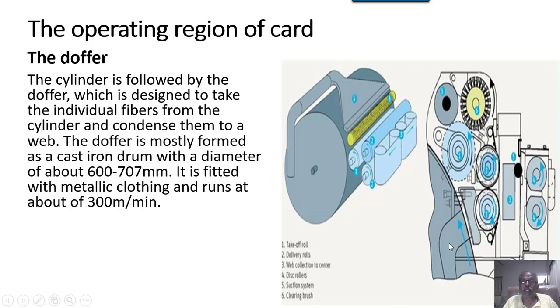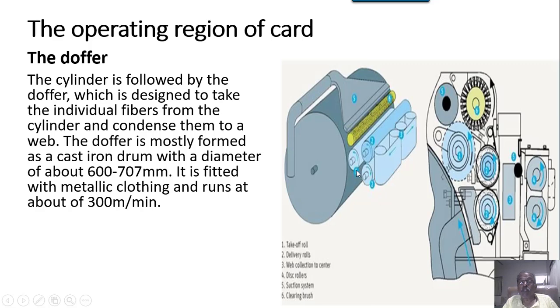Of course, here in this case the central collection system is there. Number 3, web collection center. Number 4 is the disk roller. And 5, the suction system, and 6 is the stripping.